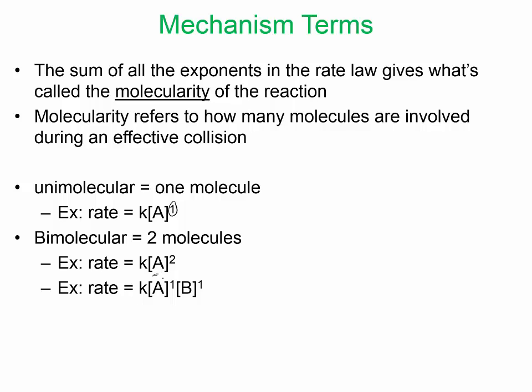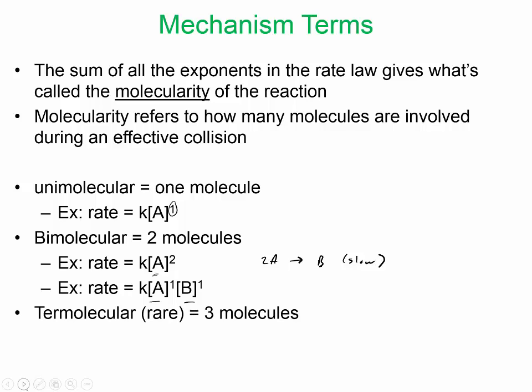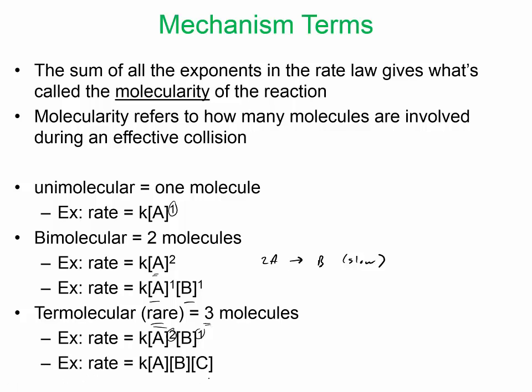You could have two moles of A decompose and make B, if that's your slow step for a certain reaction, or you could have one of each, and that would be two molecules. Or you could have what's called termolecular, which is supposedly rare because it's really difficult to have three molecules all collide simultaneously. So if I add two and one, that's how I get three molecules involved, or something like this.